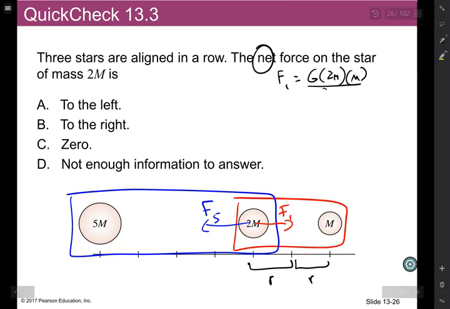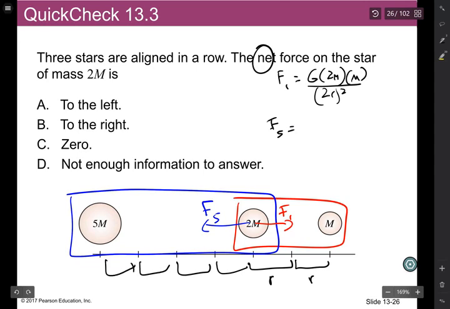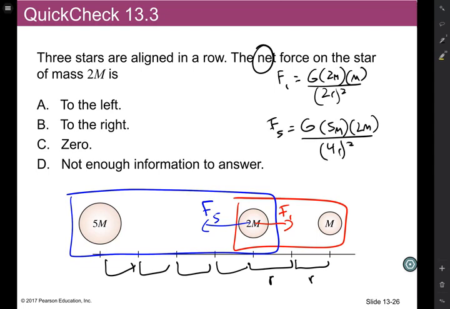So we have 2r squared. F5, on the other hand, right, we have 1, 2, 3, 4. We have 4 radius units difference. G is still the same. Now it's 5m and 2m and 4r squared. Right? So that's just setting it up.